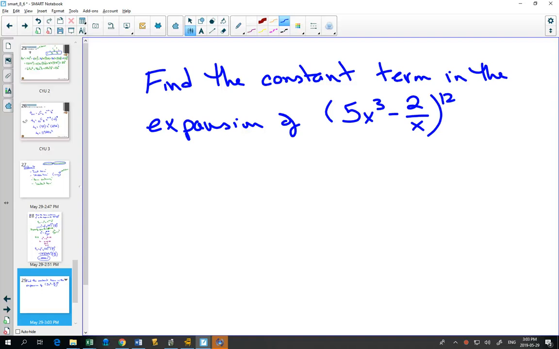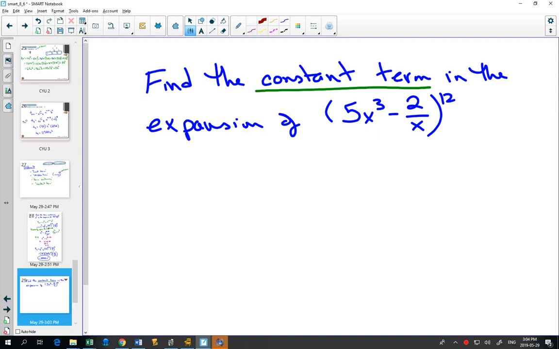Now, the first thing you have to have is an understanding of the language. What does it mean to be a constant term? What is a constant in mathematics? Go back to our grade 9 definitions.